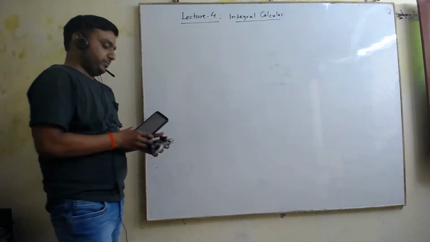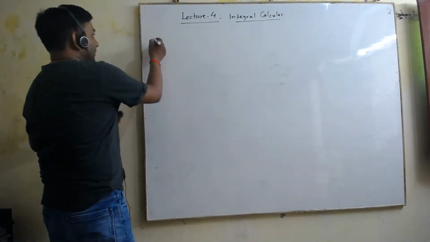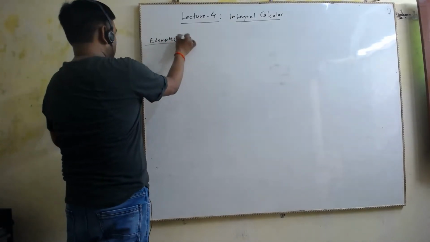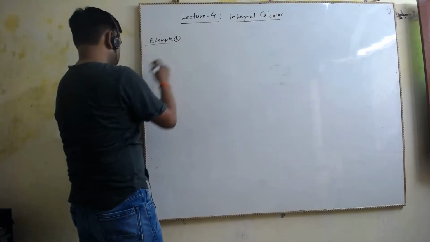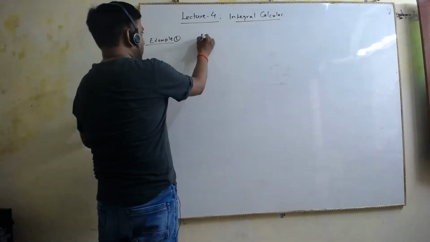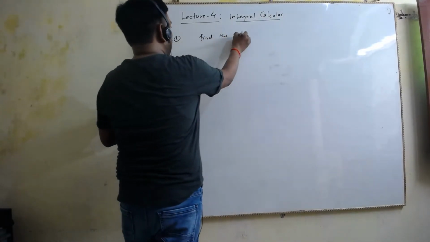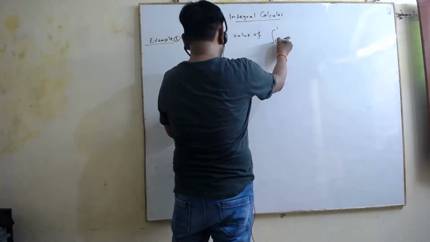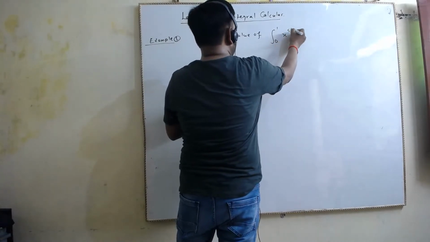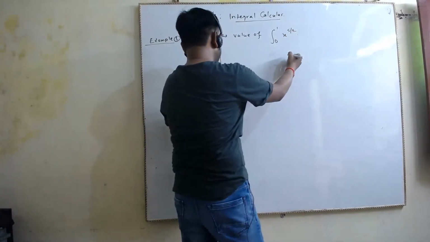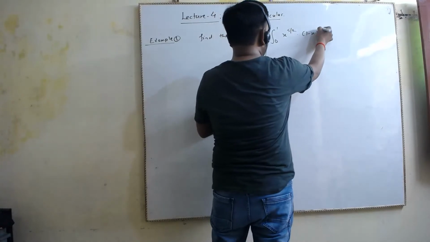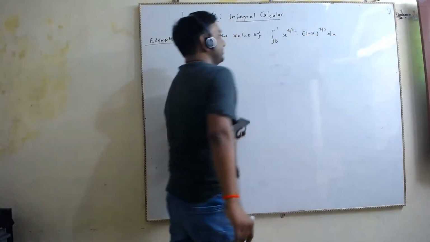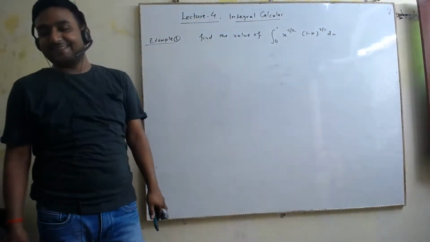Let's take a few examples here. What they ask: find the value of the integral from 0 to 1 of x raised to the power 5 by 2. Suppose that this is the question for you.